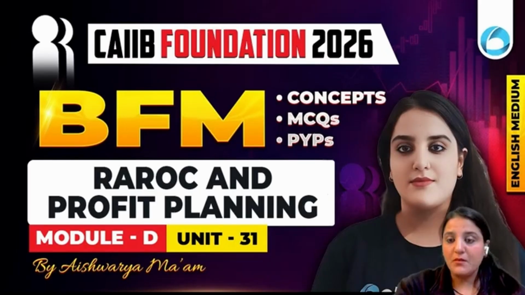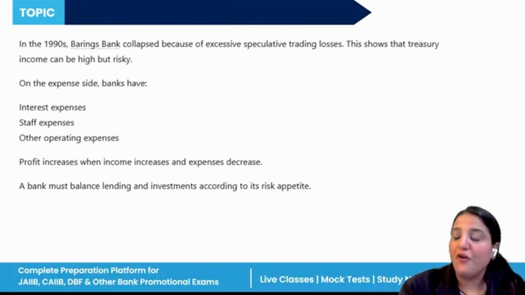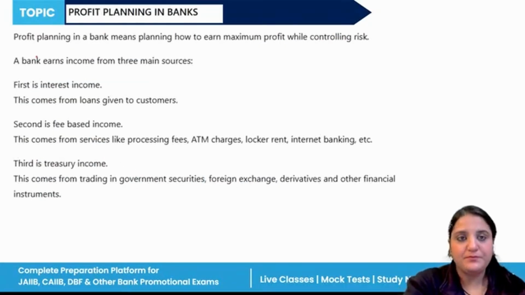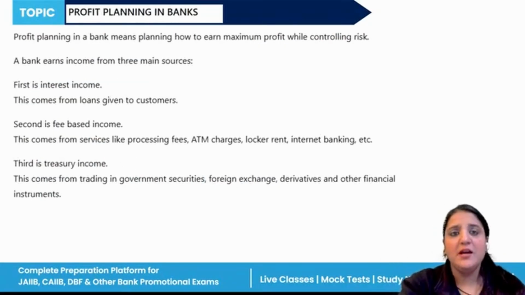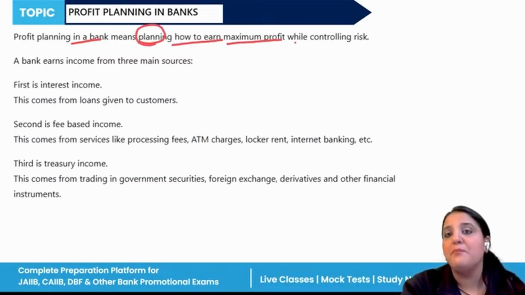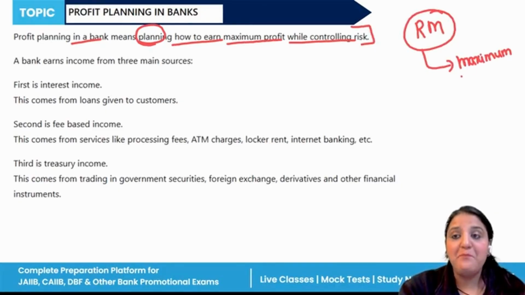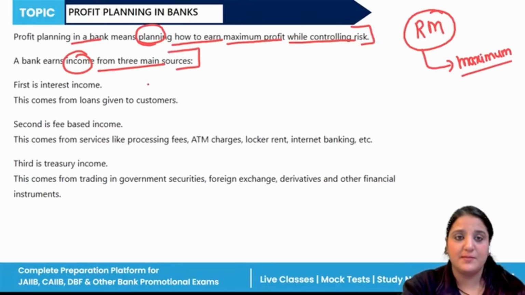So here, first we will learn about profit planning in the banks, which is the most important thing. Profit planning in a bank means planning how to earn maximum profit while controlling the risk. A bank earns income from three main sources.